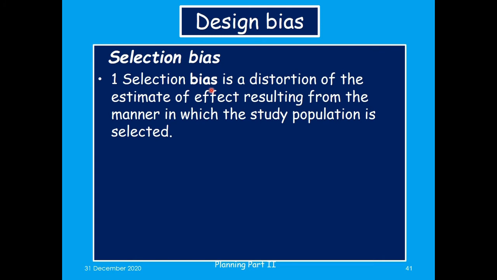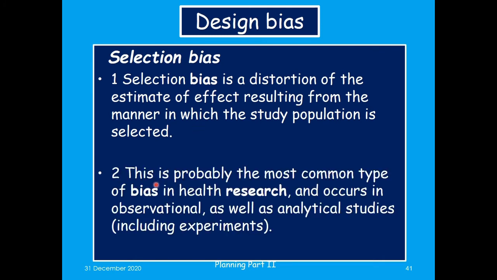The second is probably the most common type of bias in health research, and it occurs in observational as well as analytical studies, including experiments. A very good example: you have to include patients in a diabetes trial where their post-lunch blood sugar should be more than 200.